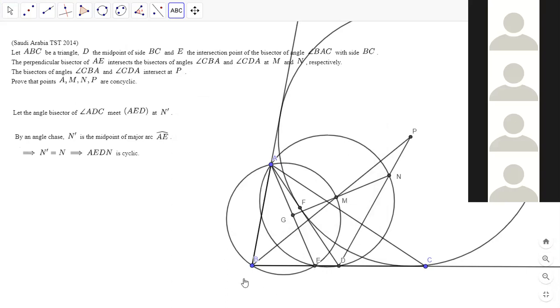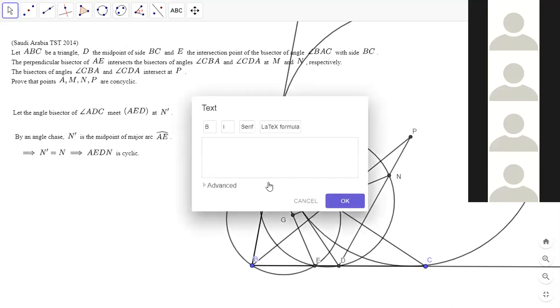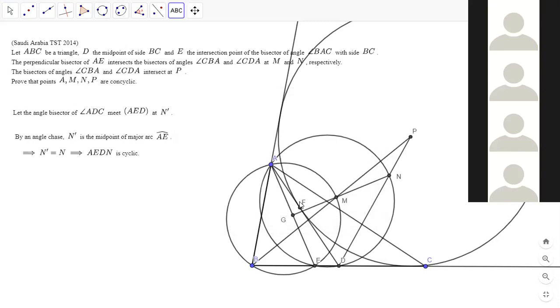So did we even use, something's weird. Let me write this out. I think we don't even use the fact that P is the intersection of the bisector. Can this line be any line? E and D are like arbitrary. D and P are both kind of arbitrary.